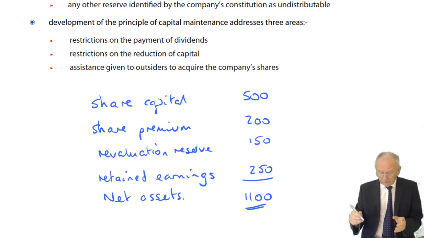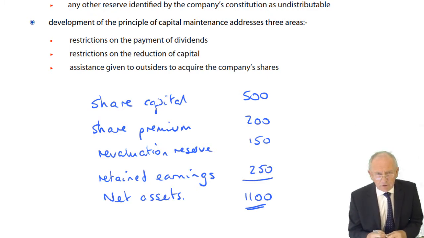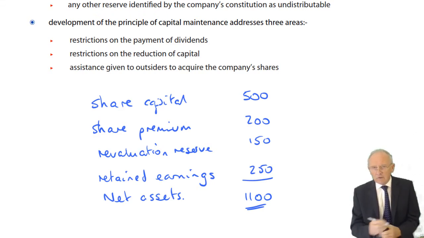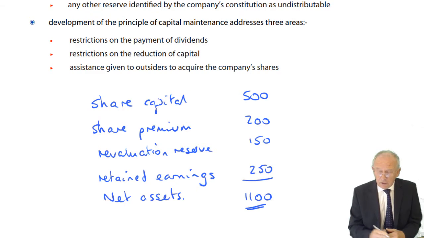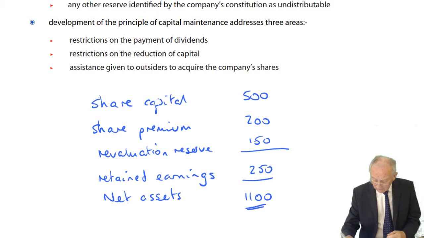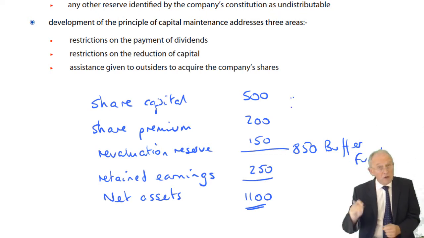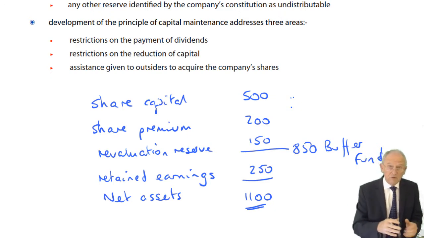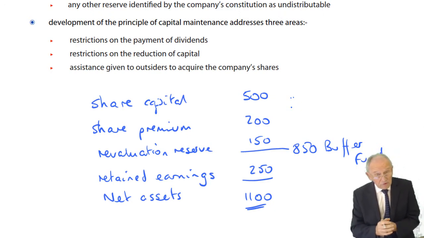And there's a thing called the creditors buffer fund. The creditors buffer fund is comprised of capital plus undistributable reserves. In this example, the creditors buffer fund is 850, made up of capital, the 500, plus these undistributable reserves of share premium and revaluation reserve.